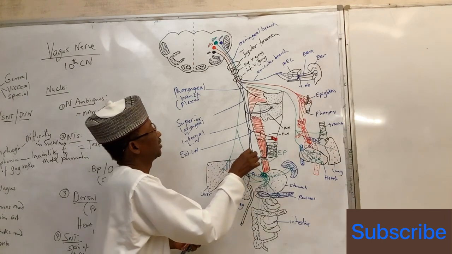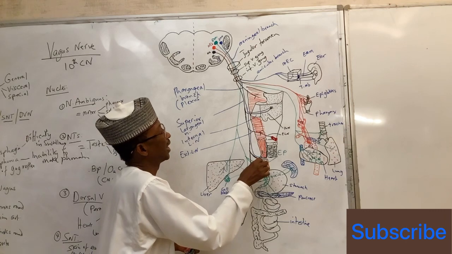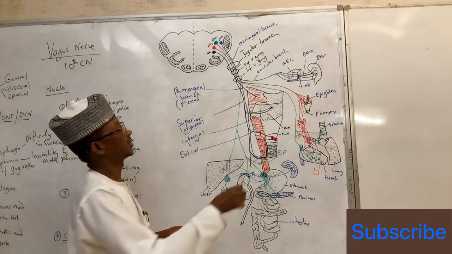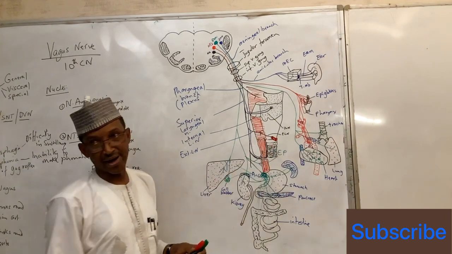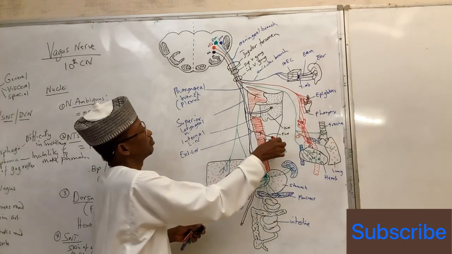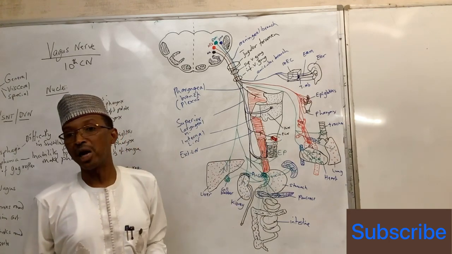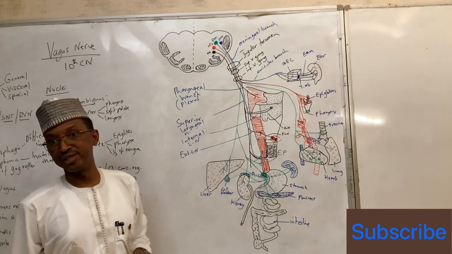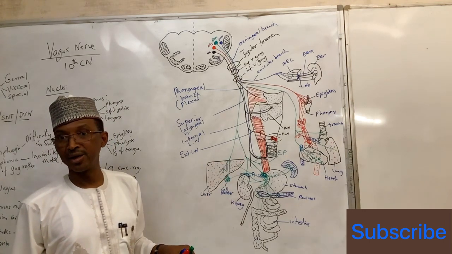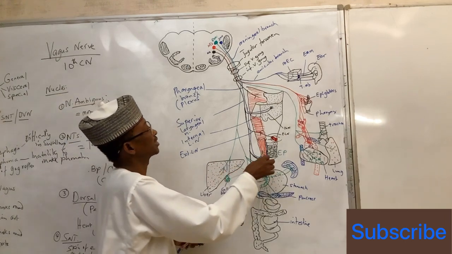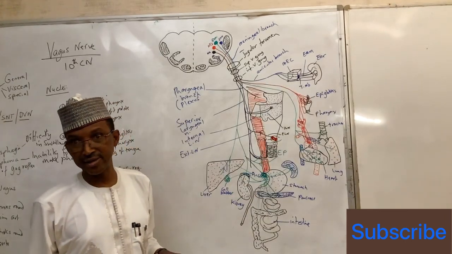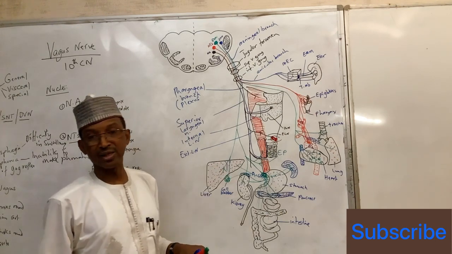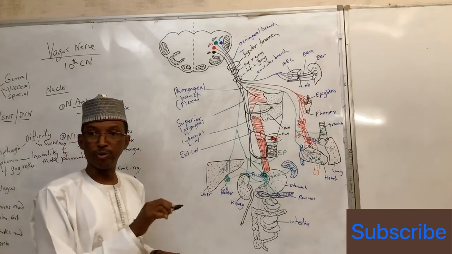These recurrent laryngeal nerve fibers lie between the esophagus and the trachea, so that they supply all the muscles of the larynx, except the cricothyroid, which is supplied by the external division of the superior laryngeal nerve, that is the external laryngeal nerve.